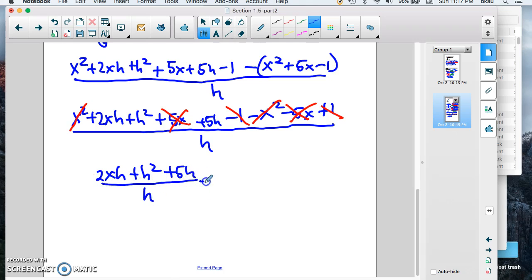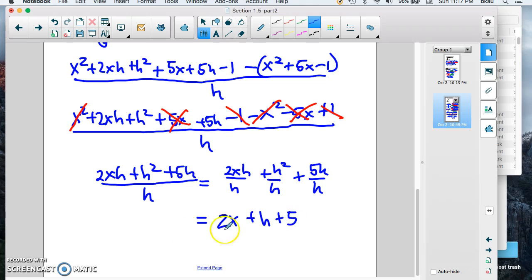Now we want to reduce all of those by writing them separately, so we have 2xh over h plus h squared over h plus 5h over h, because they're all divided by h. So we end up with 2x plus h plus 5.